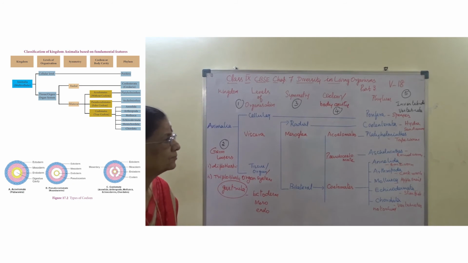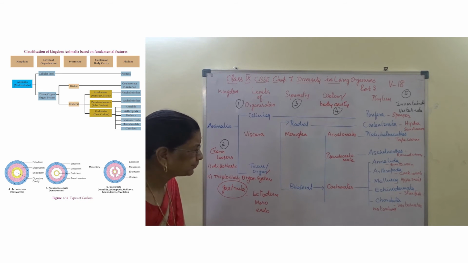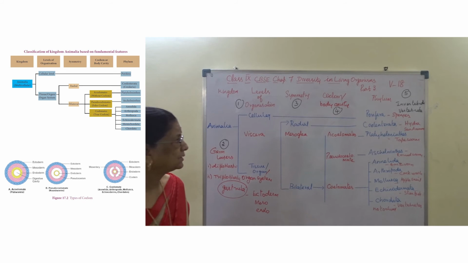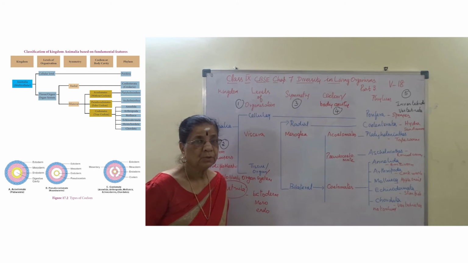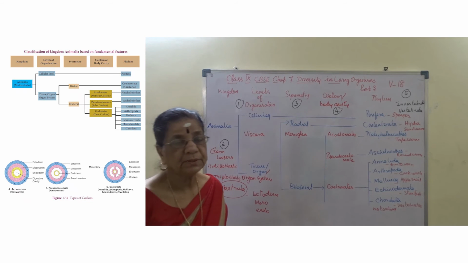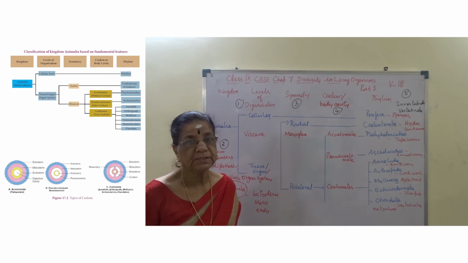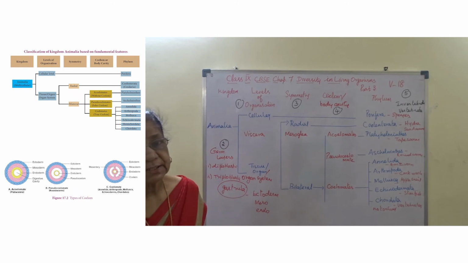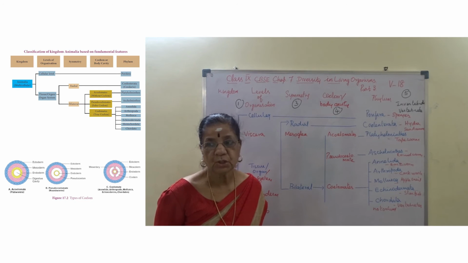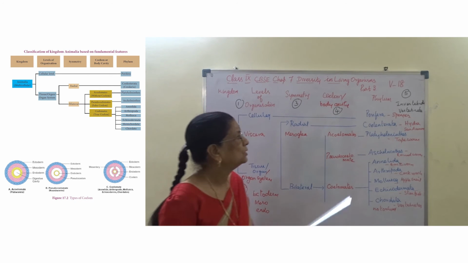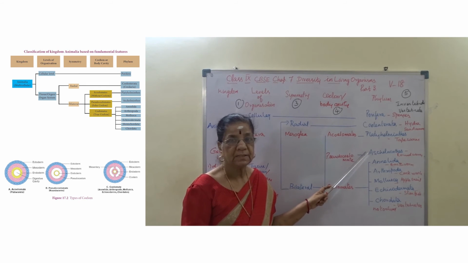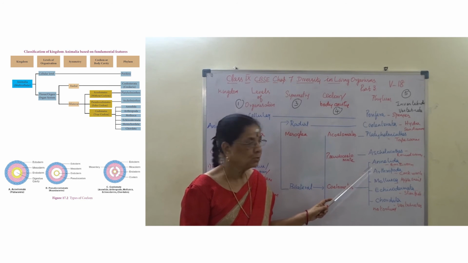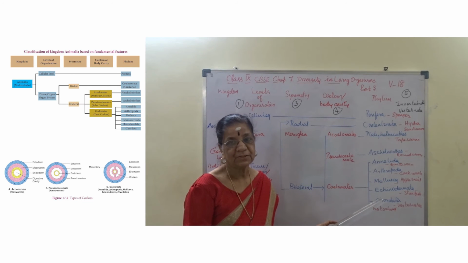I hope you understand. So I repeat, animals with bilateral symmetry are classified based on the coelom or body cavity as acoelomate, pseudocoelomate and coelomate animals. Again, based on these criteria and the presence of a backbone or not, they are classified into phylum Porifera, Coelenterata, Platyhelminthes, Aschelminthes, Annelida, Arthropoda, Mollusca and Echinodermata.